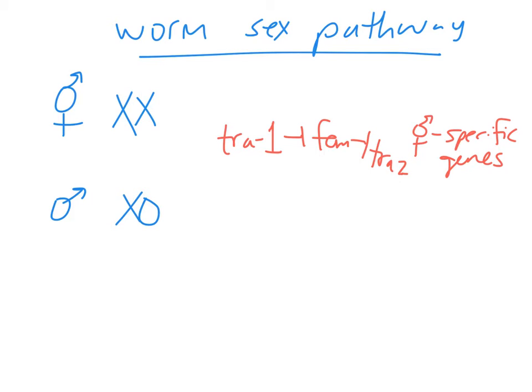Always got to have this in their notes. Yeah? So TRA2 is, that's a solid arrow or an arrowhead. Right. So we've got a series of repression events. I'll draw these arrows in black so they stand out a little bit more. So TRA1 represses the Fem proteins, which repress TRA2, and TRA2 is an activator of hermaphrodite-specific genes.